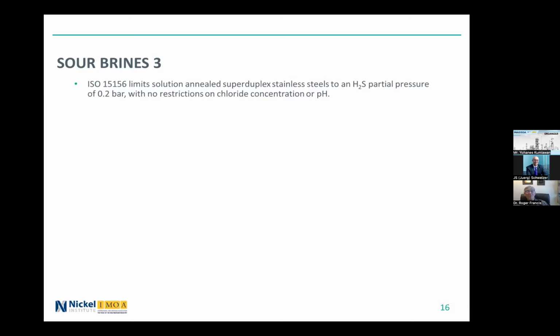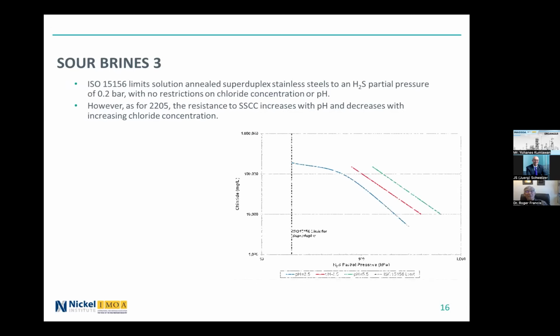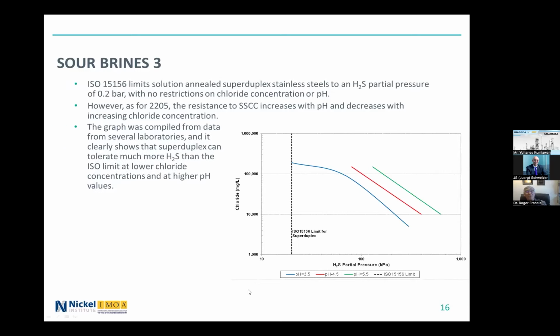ISO 15156 limits solution annealed super duplex stainless steels to an H2S partial pressure of 0.2 bar, that's 20 kilopascals. Again, no restrictions on chloride or pH. However, as for 2205, the resistance to sulfide stress cracking goes up as the pH goes up and the chloride goes down. So we've got the same kind of curves we had before, taken from a whole range of laboratories.